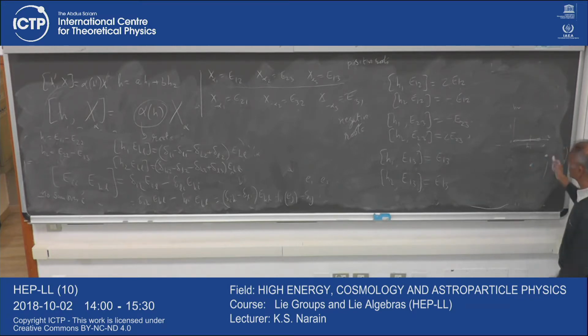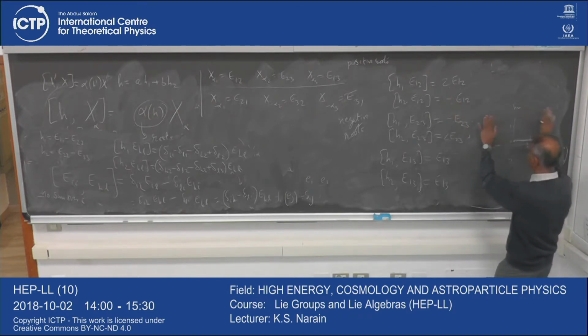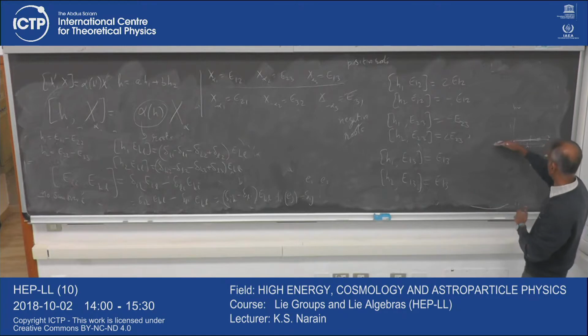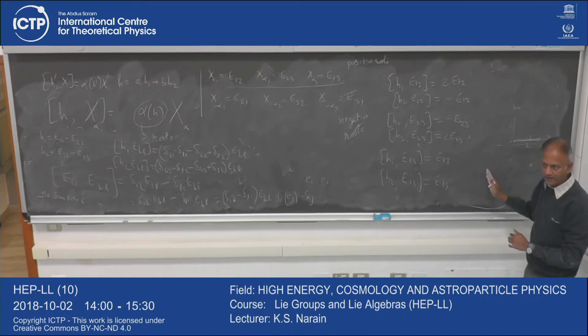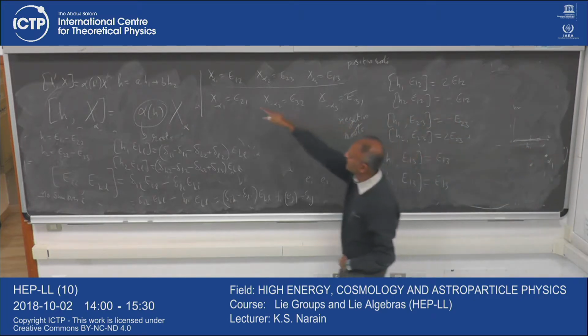So I'm just plotting the eigenvalues. Since there are 2 values, I have to plot it in 2 dimensions. This axis refers to the H1 eigenvalue. This axis refers to the H2 eigenvalue. So this is what we call alpha 1, because this is what we were denoting X alpha 1.